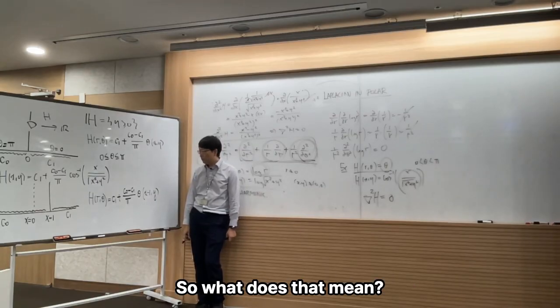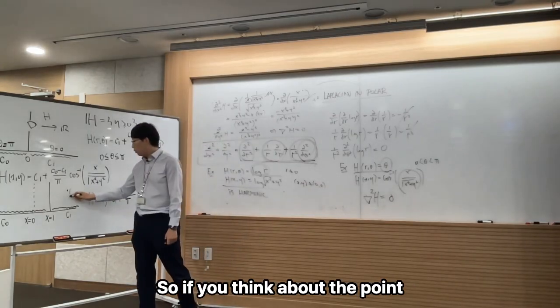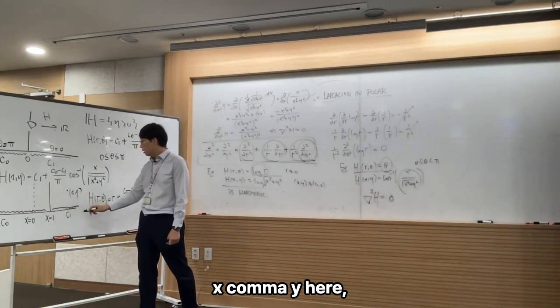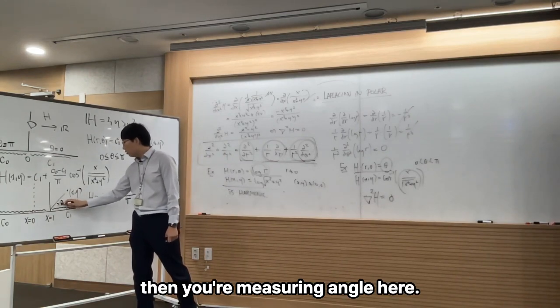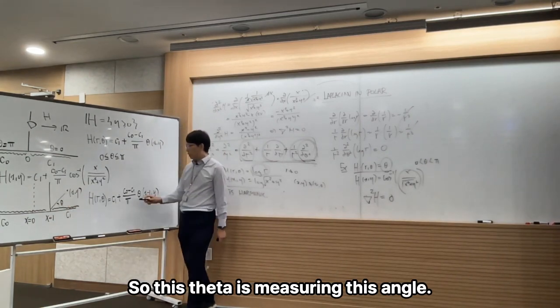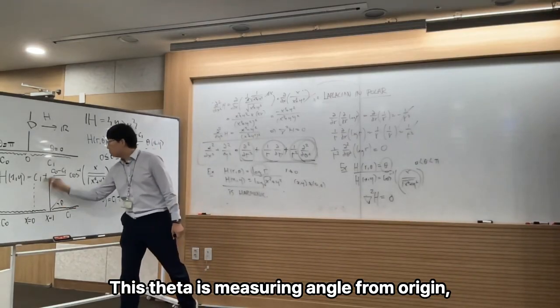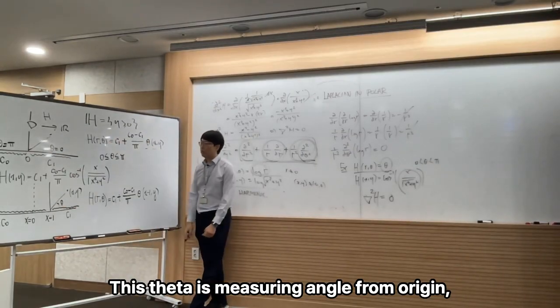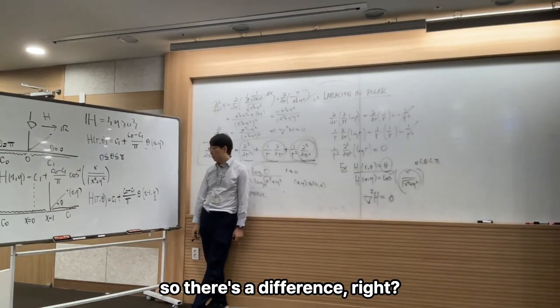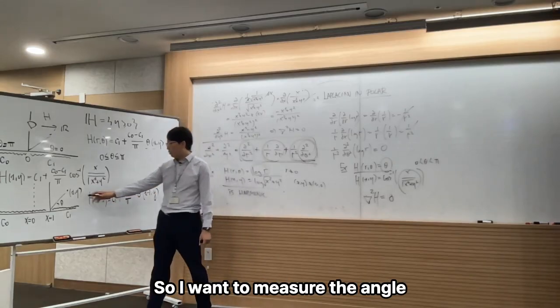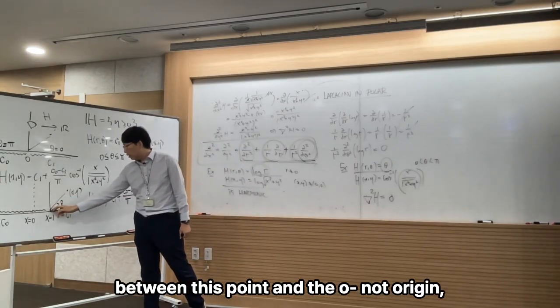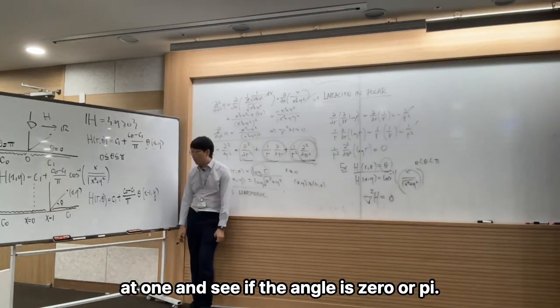So what does that mean? If you think about the point x, comma y here, then you're measuring the angle here. This theta is measuring the angle from the origin. So there's a difference, right? I want to measure the angle between this point and the not-origin at 1, and see if the angle is 0 or pi.